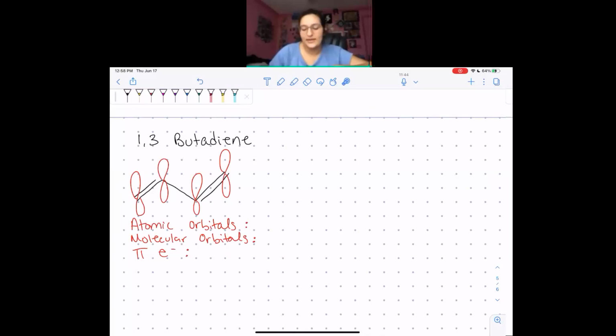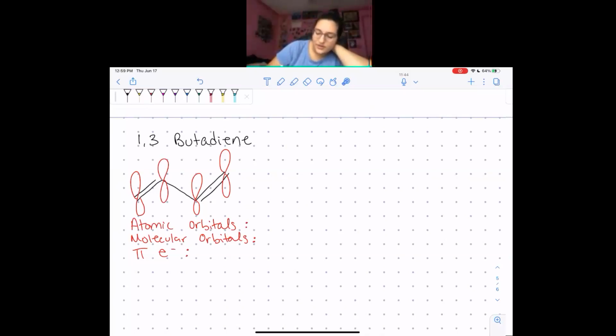Okay, so someone asked me to restate the question. So each of these orbitals is a p orbital, and we know that p orbitals are what make the double bonds. So if each of these has a bond in it, how many electrons do we have in each orbital? 1. Awesome.